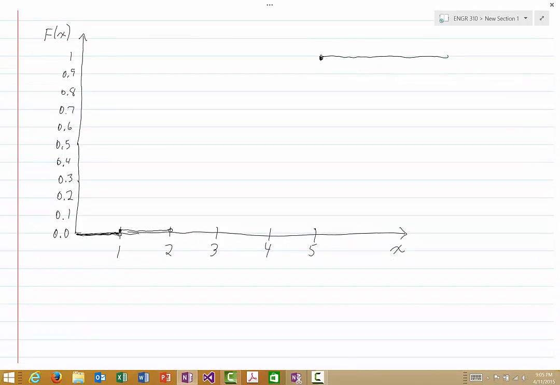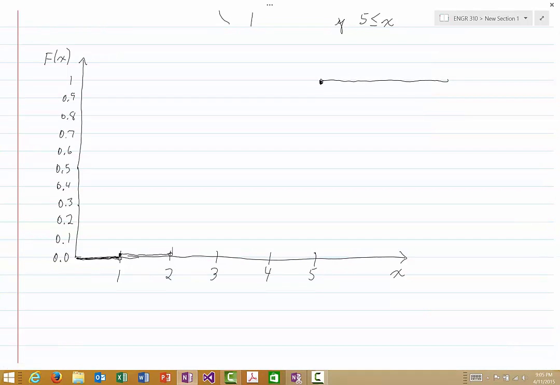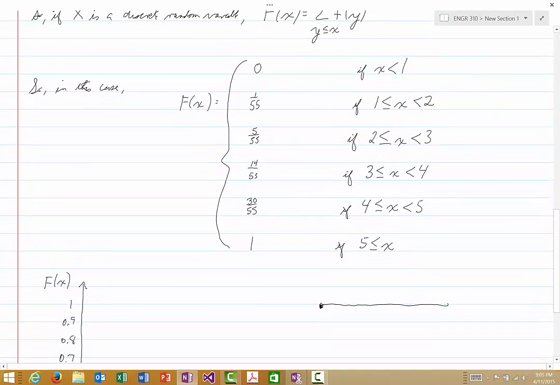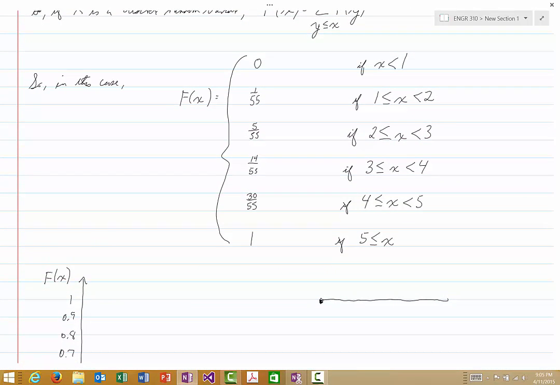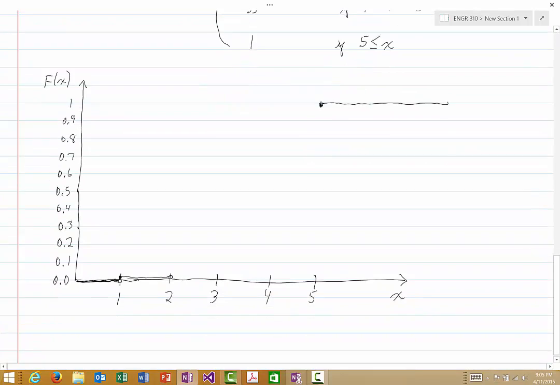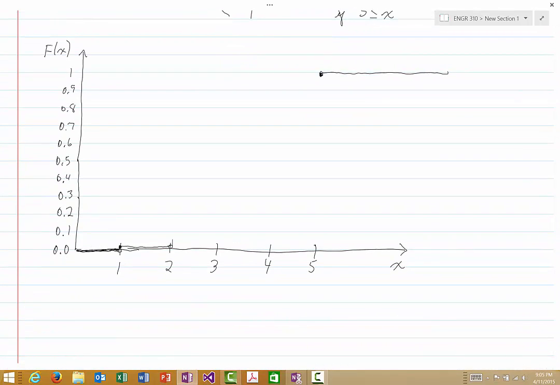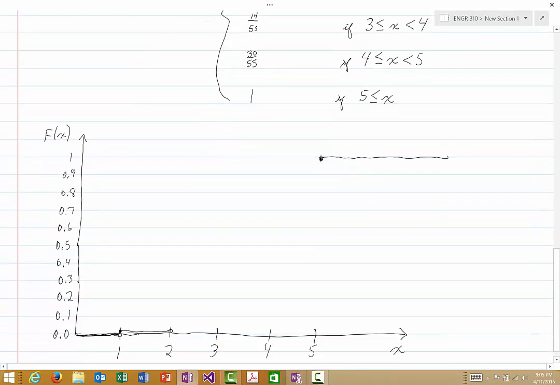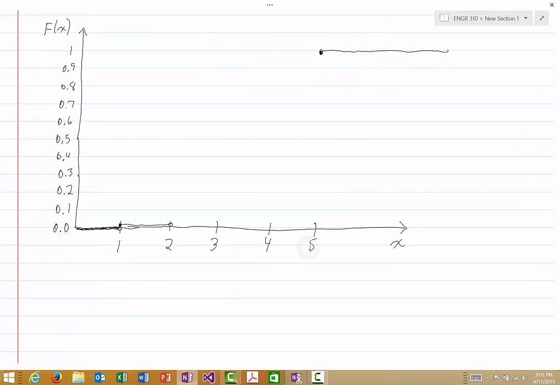If x is greater than or equal to 1 but less than 2, then F of x is equal to 1/55. If x is greater than or equal to 2 but strictly less than 3, it's equal to 5/55, which is very close to 1/10. So we can have something like this.